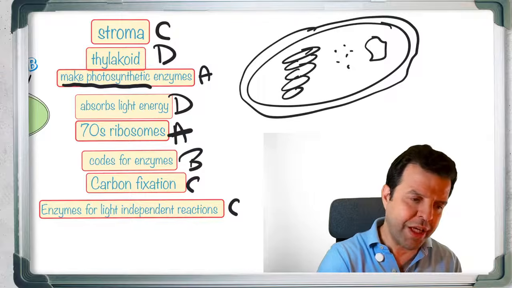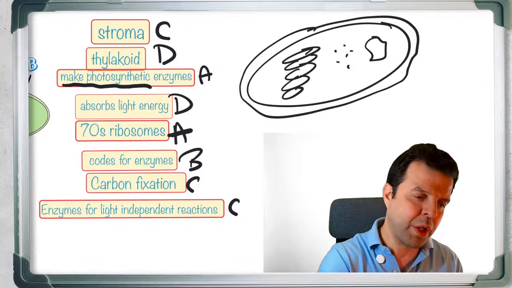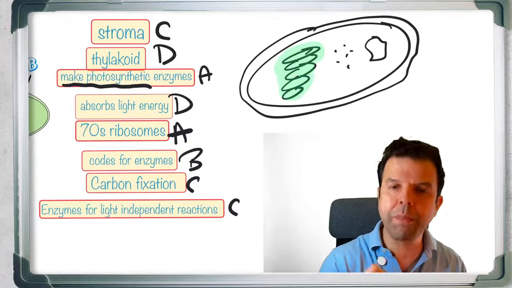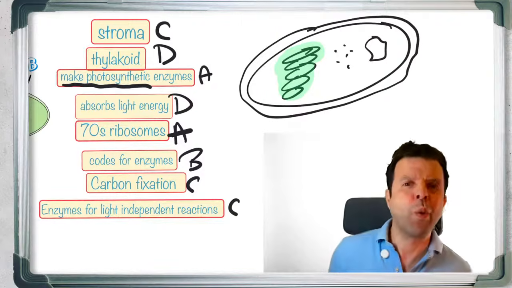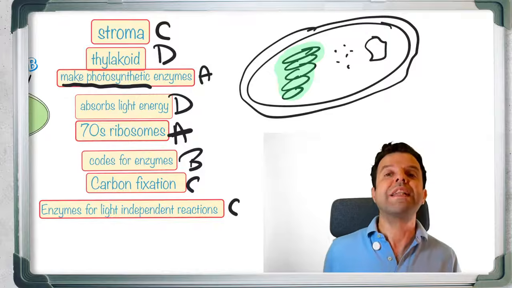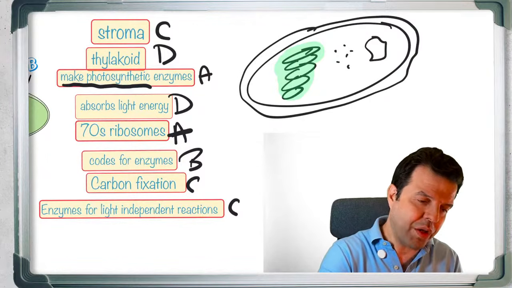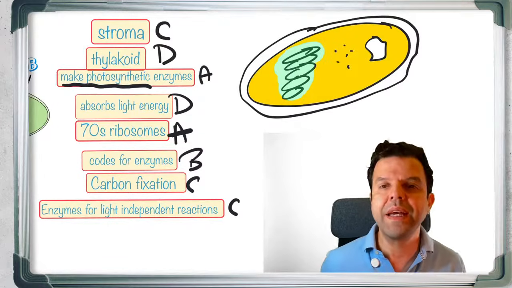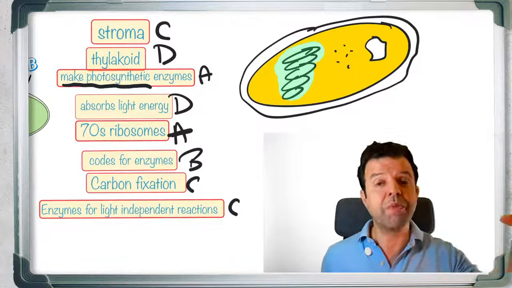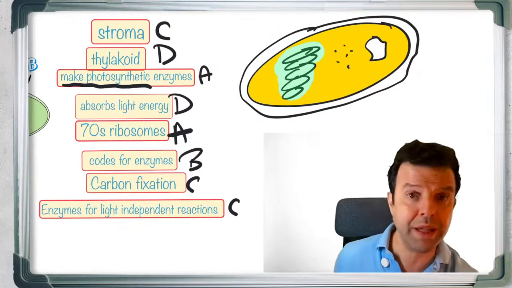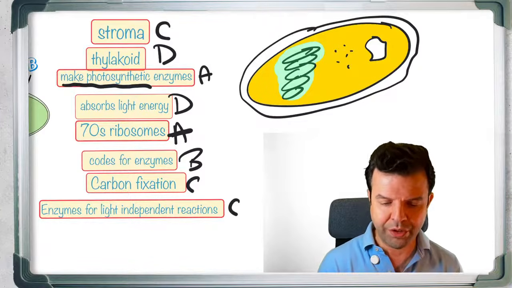And today for the first time, we're splitting that chloroplast into one part here, the green one. We're going to call this the thylakoids. That's where the light-dependent reactions take place. Everywhere else, the stroma, is where the carbon fixation happens, where CO2 turns to sugar. We call that light-independent reactions.